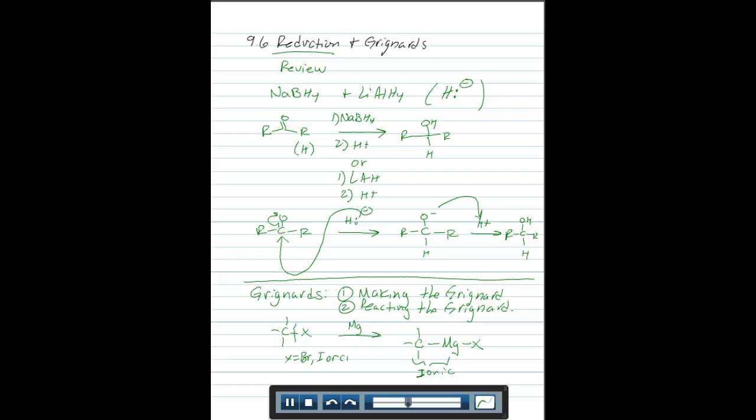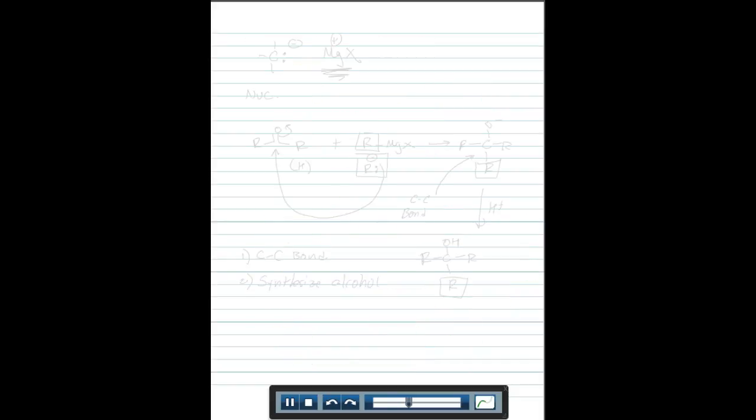Since it's ionic, you have a carbon that has a negative charge. So your carbon has a lone pair with a negative charge, and your magnesium halide is the counterion for it. Basically, you can ignore the magnesium halogen part because it's just the counterion. It just has to be there to stabilize your carbon negative charge.